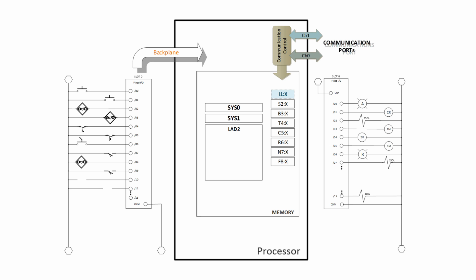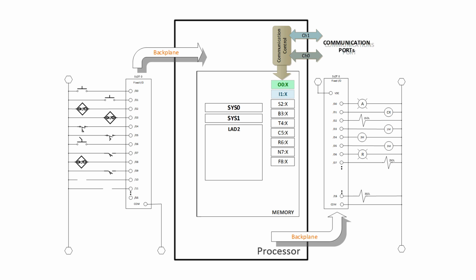So now we add an output module, and the output module actually receives data from memory, from a word or area of memory that begins with an O, because it looks like a 0, or 0 looks like an O. So that means that whatever states you want those outputs to be in, I see an amber light, a contact relay coil, a solenoid, 3 motors, a red indicator, and another solenoid.